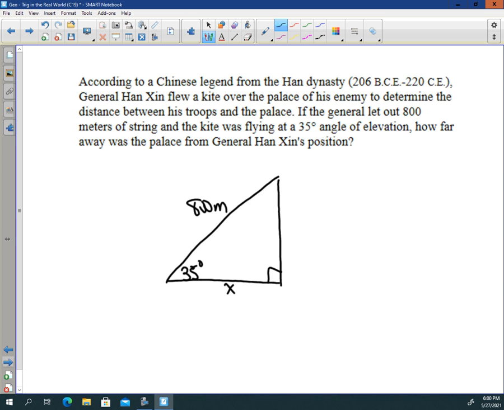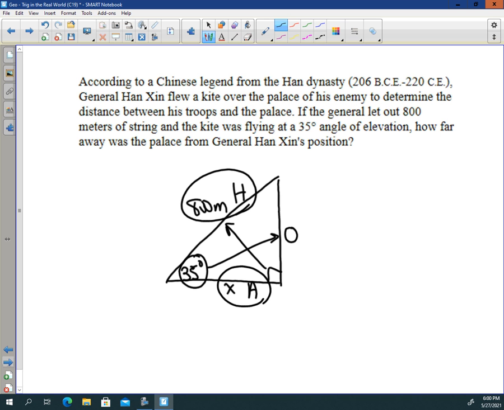So let's start solving. We've got theta of 35. Across from that is the opposite. Across from the right angle is the hypotenuse, leaving the one marked x to be the adjacent. We have the hypotenuse. We want the adjacent. And so we're going to pick the correct trig ratio.